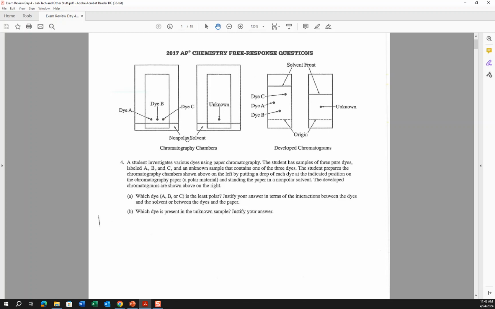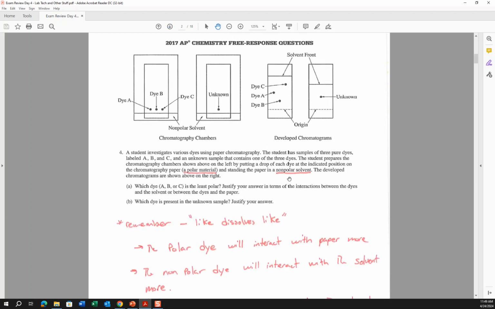And so right here we're told we have a nonpolar solvent. So the liquid here is nonpolar. Then if we look at the question, it says the paper is polar. So we know the paper is polar and the solvent is nonpolar. What's going to happen in chromatography is you're going to dip the paper into the solvent.